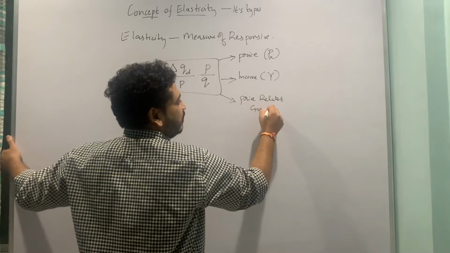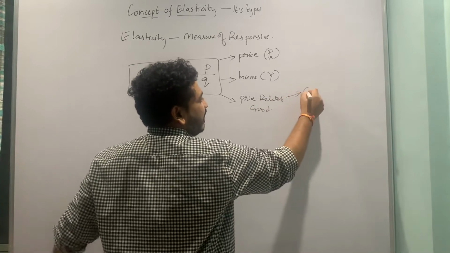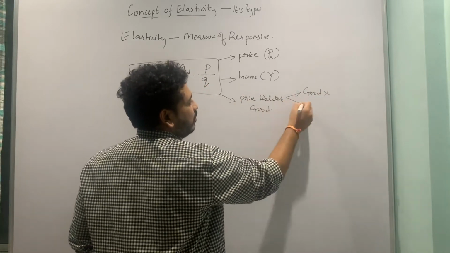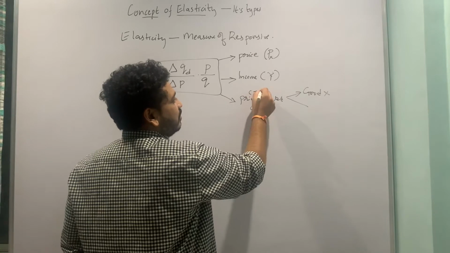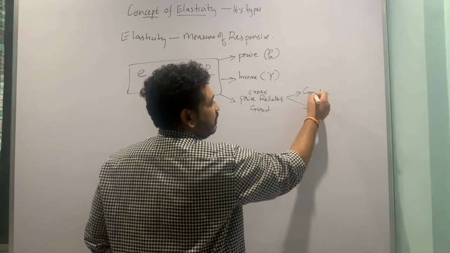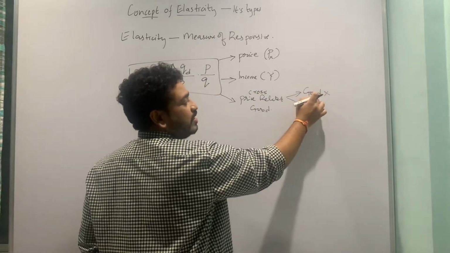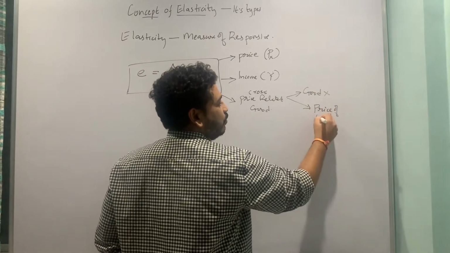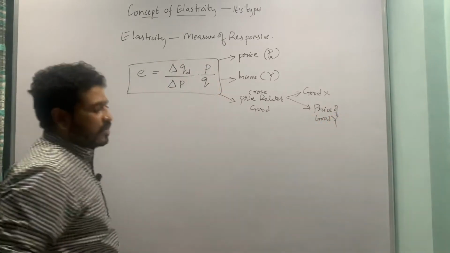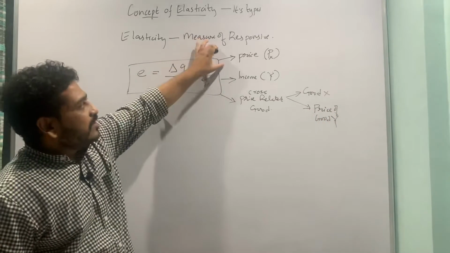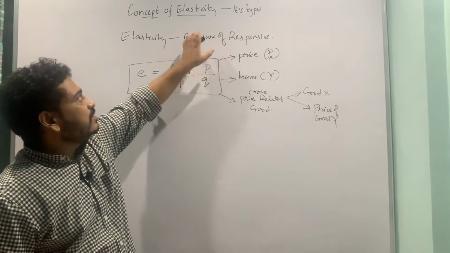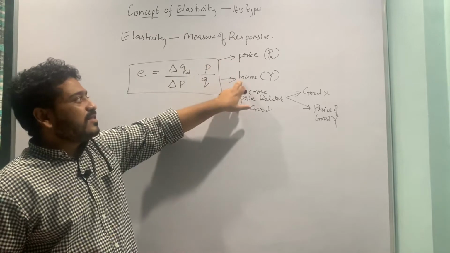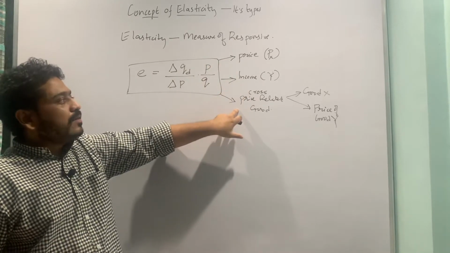For example, if we are consuming good X, cross elasticity talks about the percentage change in quantity demanded of good X due to percentage change in price of good Y. So there are three different ways in which you can analyze the concept of elasticity of demand: the price of the good itself, the income of the consumer, and the price of related goods.